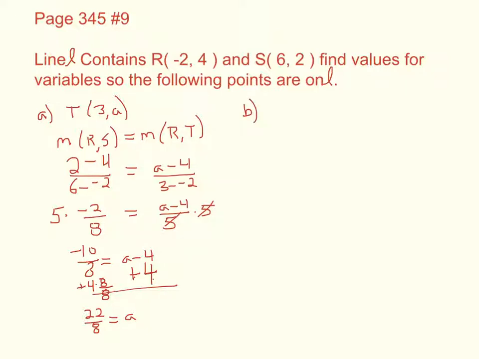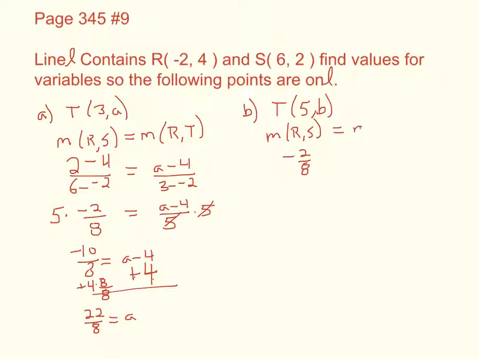Okay. So for part B, our point T is (5, b). So we can set up an equation exactly the same way. We already know that the slope of the line through points R and S is negative 2 over 8 because we just did that work.